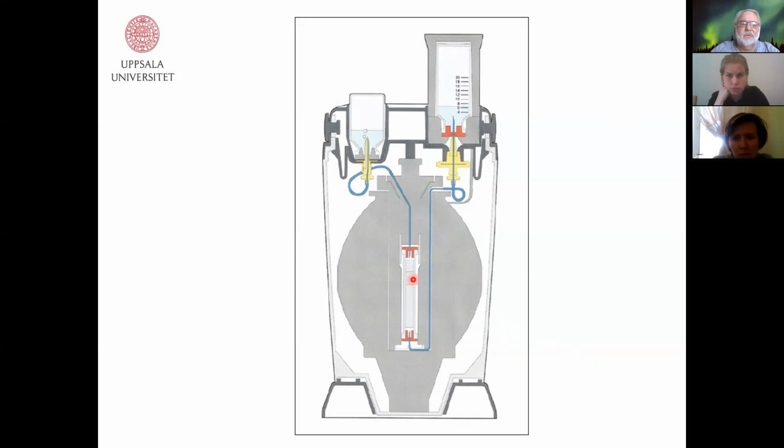Saline goes through the column and elutes pertechnetate in the vial. So you get a source of radioactivity which you could repeatedly elute from the mother nuclide.